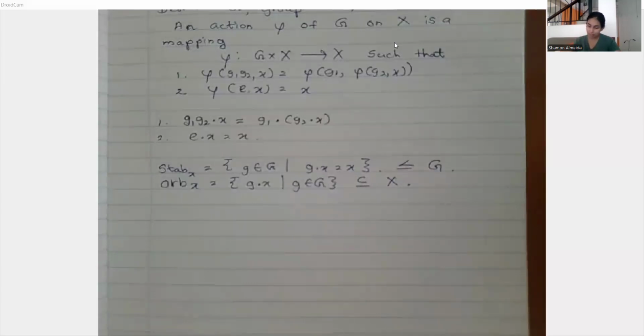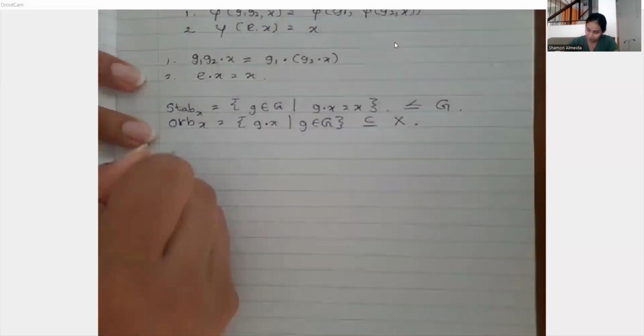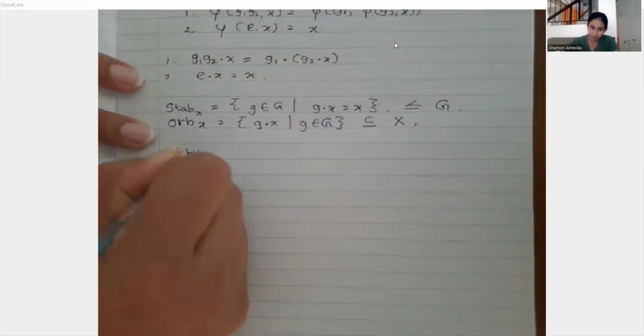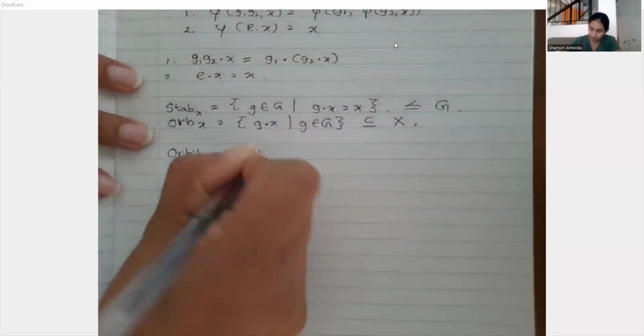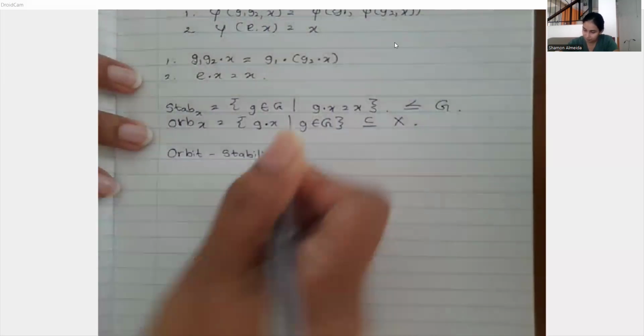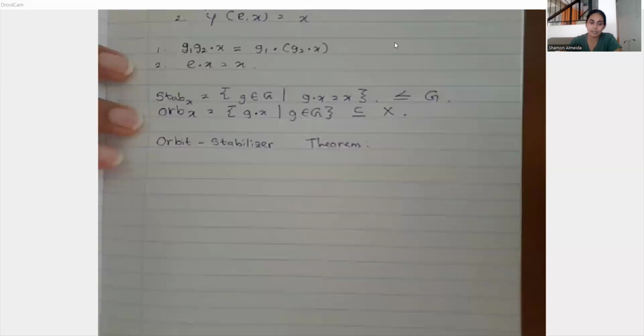yes, we did the orbit stabilizer theorem, which I will also state, which we will use also in today's lesson.